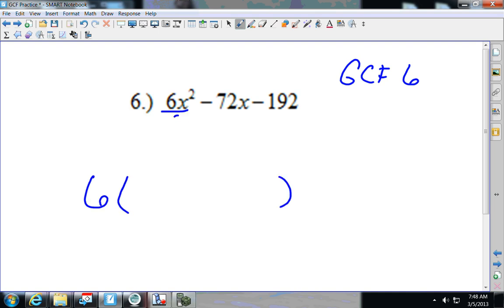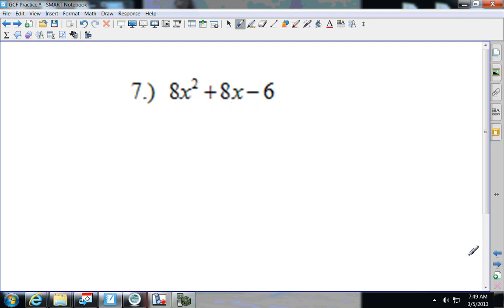Remember, you divide everything by 6. 6 divided by 6 is 1, so you get x squared. Negative 72 divided by 6, negative 12x. What about negative 192? Negative 32. Okay, so I have factored out the GCF. Next one.